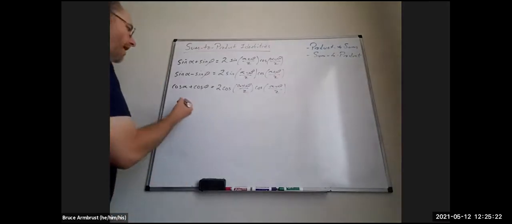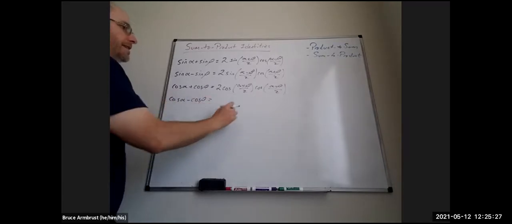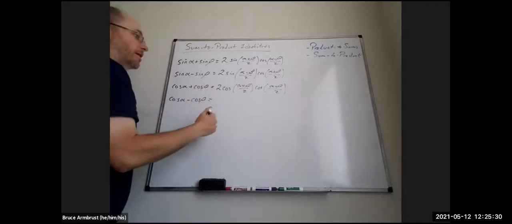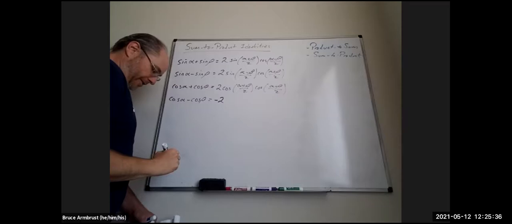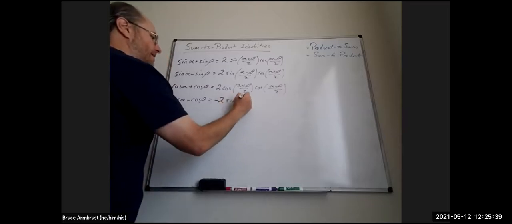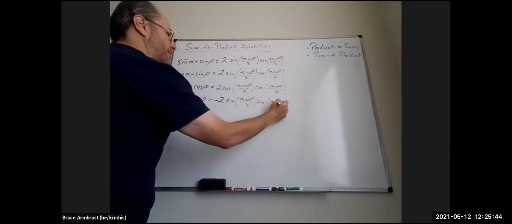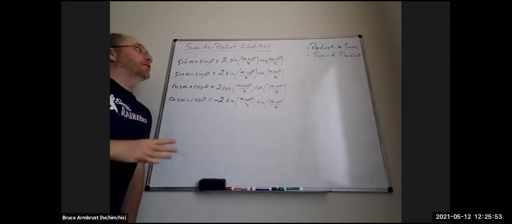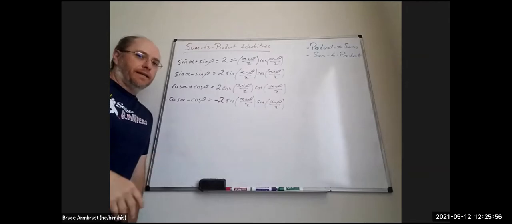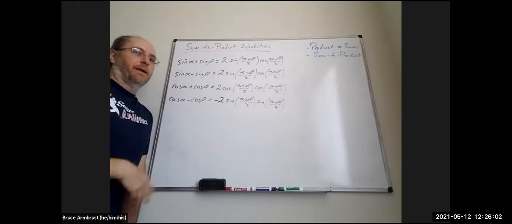And so then pretty obviously, the one that's cosine minus cosine is going to lead to sine times sine, because that was the product to sum that we saw. But this guy has one little slight variation on it. It actually has a negative out front, so it's -2 times the sine of alpha plus beta over 2 times the sine of alpha minus beta over 2. All right, so there are your 4 sum to product identities. Sine plus sine, sine minus sine, cosine plus cosine, cosine minus cosine.